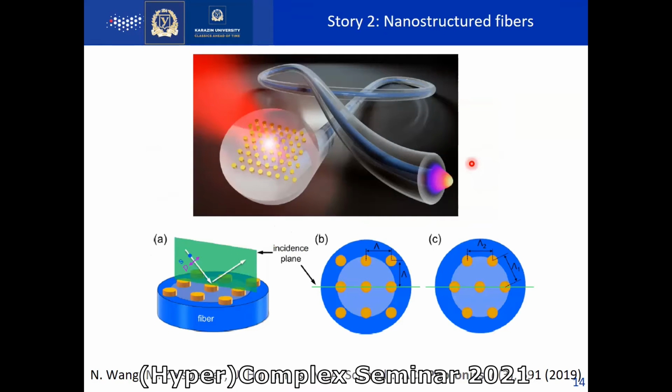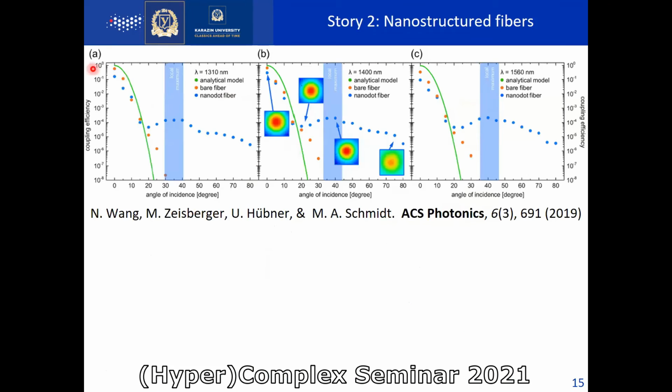Of course, there were several attempts to increase this coupling efficiency by structuring the fiber end face. Here is one of the most successful, where the authors put a periodic array of plasmonic metallic nanodiscs. And here are the experimental results.